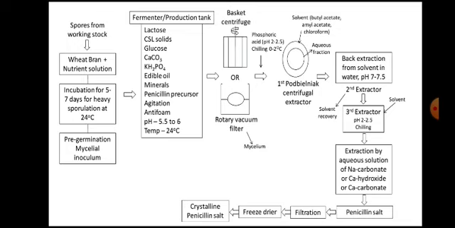So this will lead to the formation of penicillin salt in powder form, and finally we get crystalline penicillin salt, which is ready for packaging. It is packed in proper doses in sterile vials and then they are marketed.